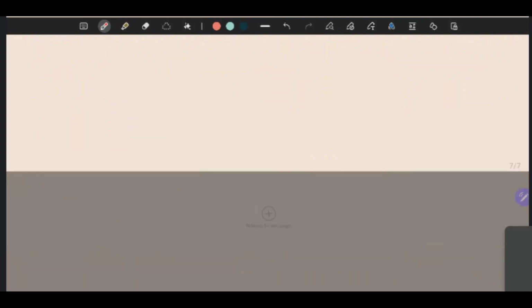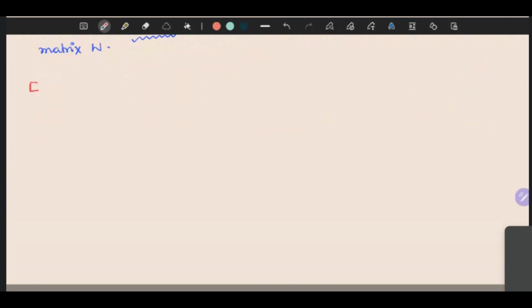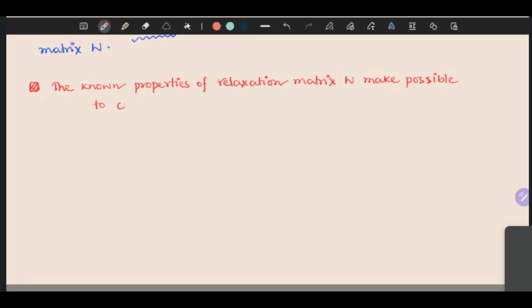So let us take a few cases. The known properties of the relaxation matrix W make it possible to comment on a few things about the eigenvalue problem.